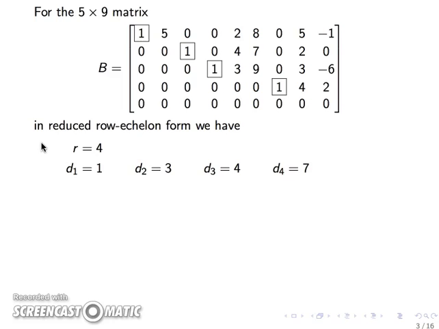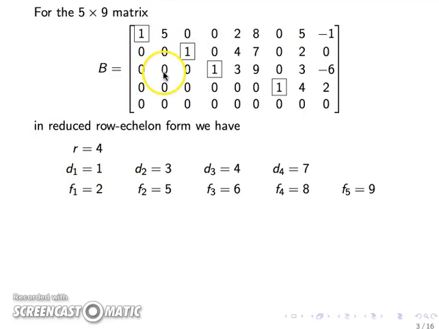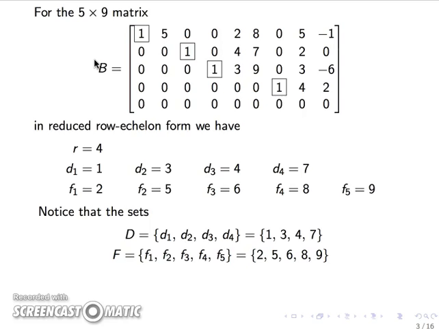The pivot columns, where these leading ones are, are column 1, column 3, column 4, and column 7. So those would be the indices we would store in the set capital D. And the other indices, labeled with F, are column 2, column 5, column 6, column 8, and column 9. So the set capital D is 1, 3, 4, and 7, and here's the set capital F.